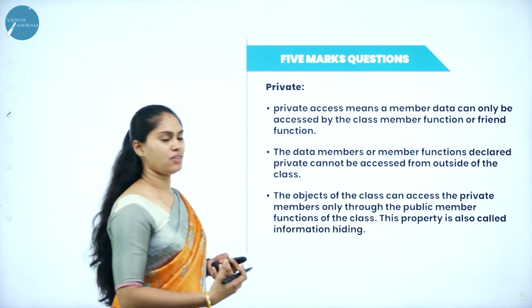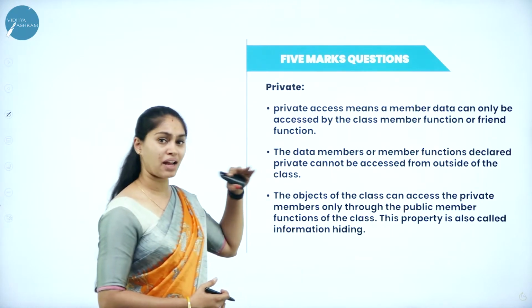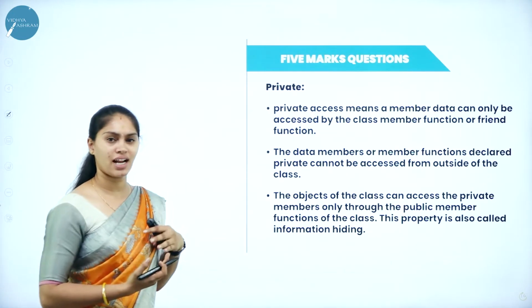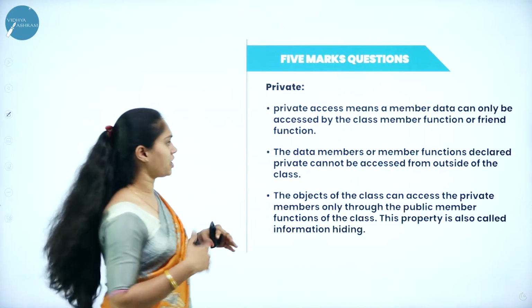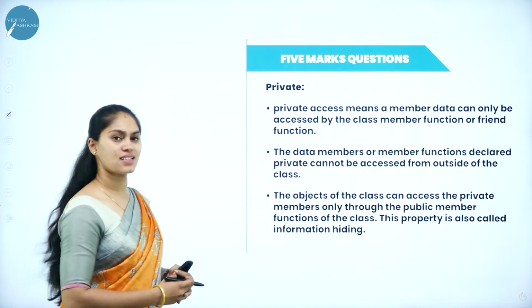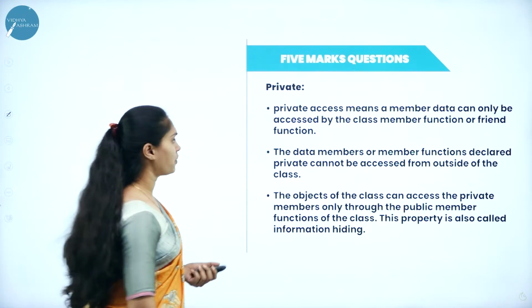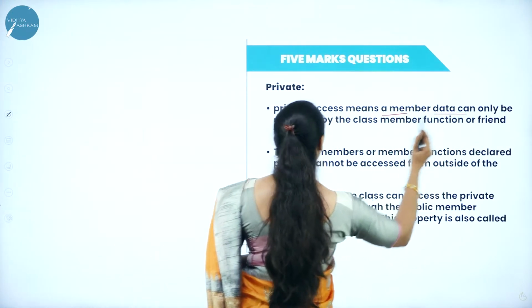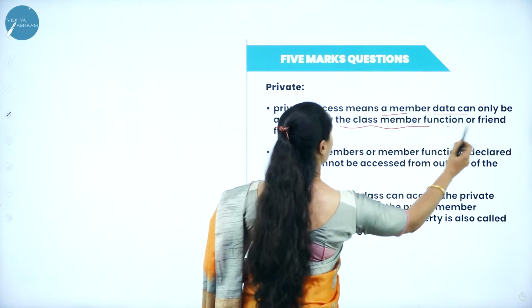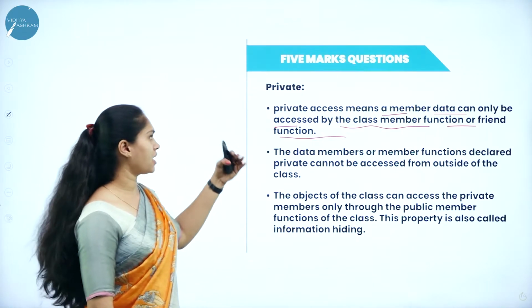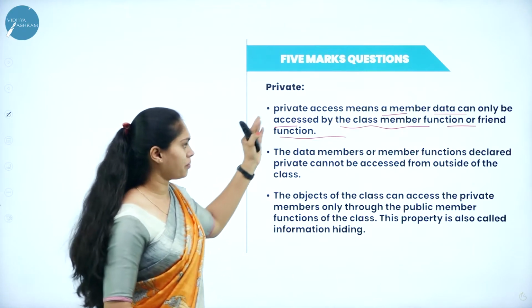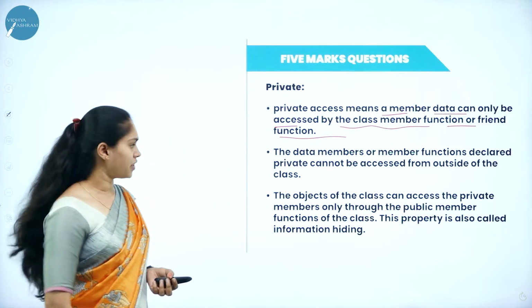In this private, whatever data members and member functions come under the private access specifier, when we are working under it, the member data can only be accessed by the class member function or a friend function. Whatever members we have declared under private can be accessed only by a member function or a friend function.